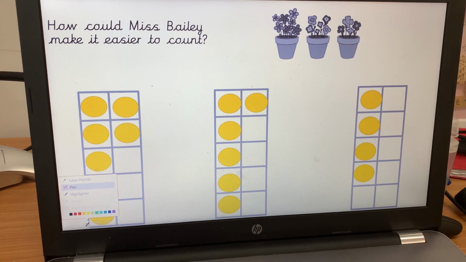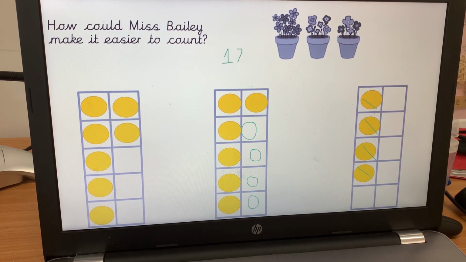So I can move them over from here. So I can cross off 1, 2, 3, 4, and I'm moving them. So I'm not getting rid of them, I'm moving them over to make it easier. I know that when one of those 10 frames is full, it's worth 10. So I've got 1 ten, and I've got 1, 2, 3, 4, 5, 6, 7 ones.